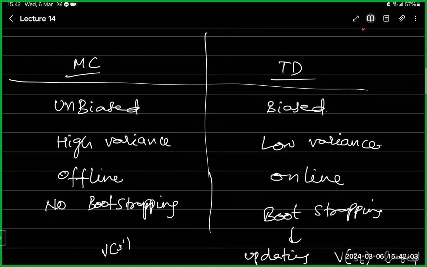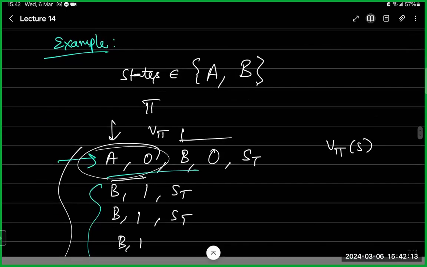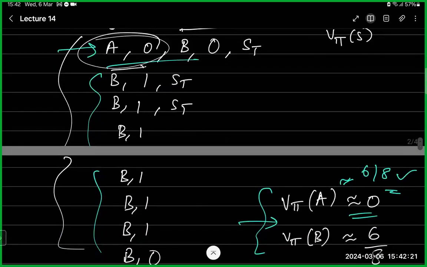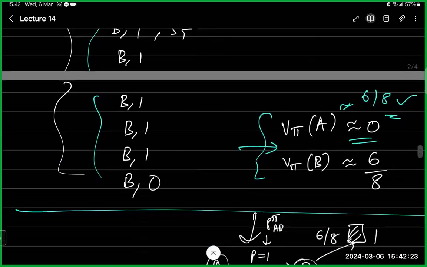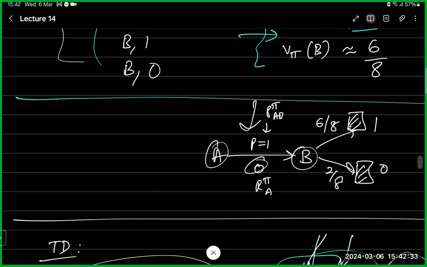In TD methods, you are able to update online. After every step of interaction with the environment, you can update. There are a few other differences which we have seen. We also looked at what kind of values these estimates converge to, right? We looked at a simple example like this, and we have seen that there could be two different answers for this problem intuitively. Monte Carlo method will converge to one such answer, and the TD method will converge roughly to the value given by this estimated MDP, right?